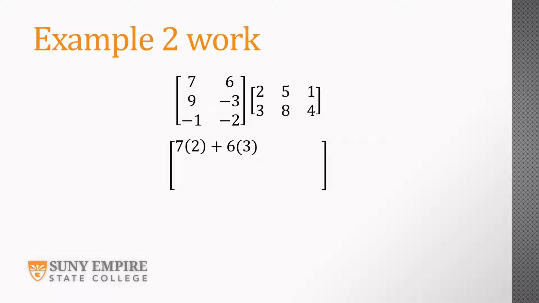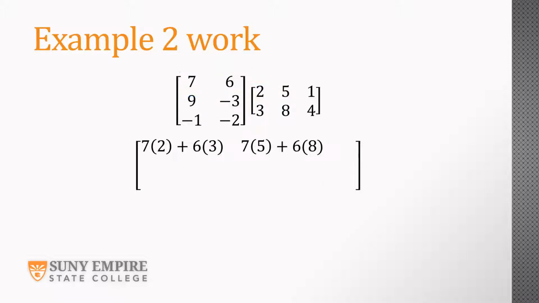We fill the top row leftmost column of the product by multiplying the top row of matrix B by the leftmost column of matrix A. Doing so, we have 7 times 2 plus 6 times 3. We fill the top row middle column of the product by multiplying the top row of matrix B by the middle column of matrix A. We have 7 times 5 plus 6 times 8.